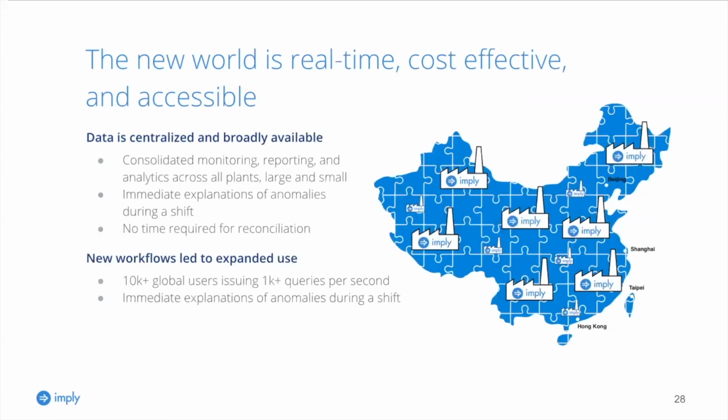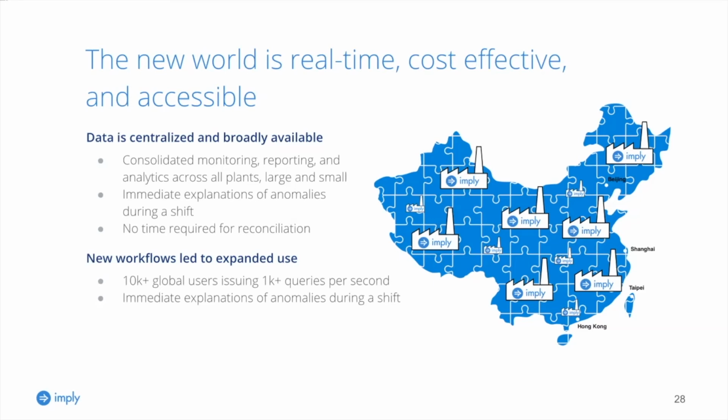Today, they're using Imply. So they have a consolidated view of monitoring, reporting, and analytics across all the plants, however big or small. They have immediate explanation of anomalies during a shift, not after a shift. They don't have to spend time on reconciliation because they're getting all the data into Imply, so they can compare what's happening in real time to what's happened historically.